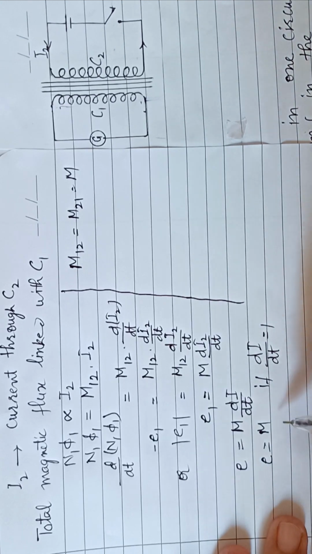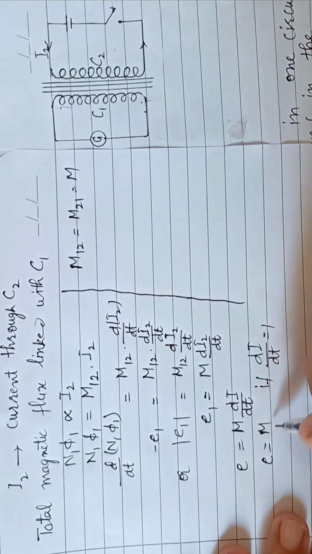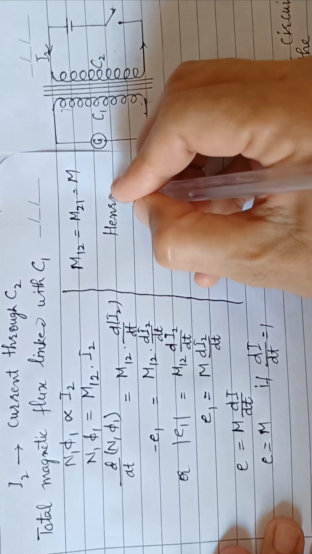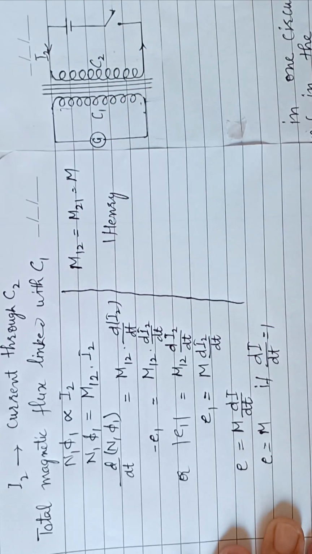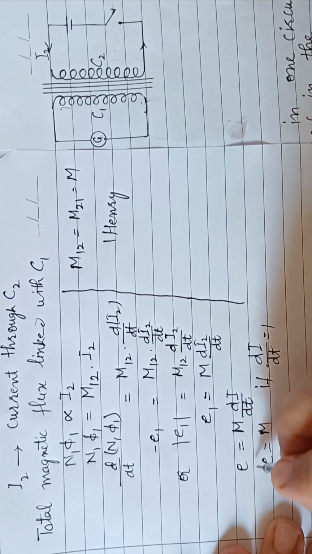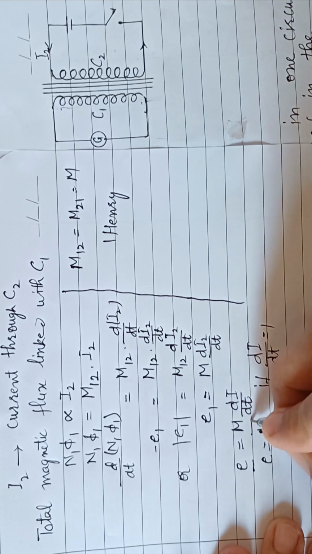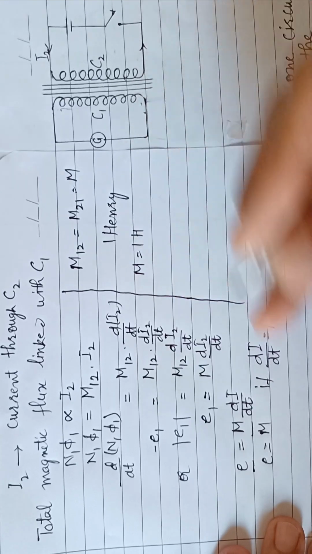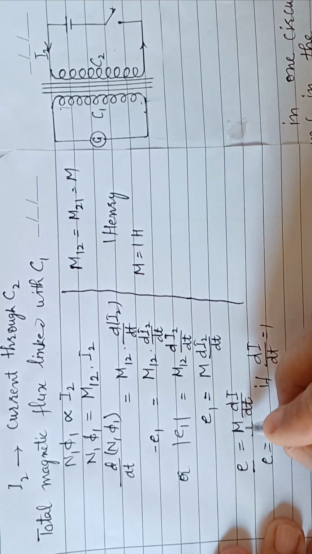Let's now talk about the practical unit of mutual inductance. It is Henry. Let's define 1 Henry. Now here M will become 1 Henry. When will it become 1 Henry?